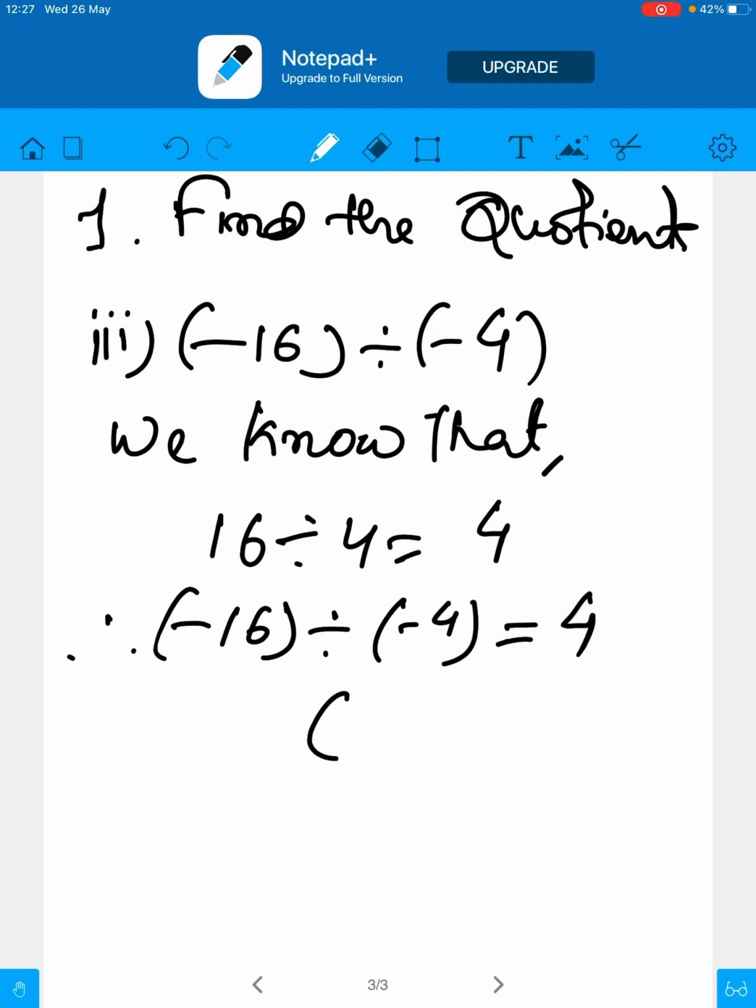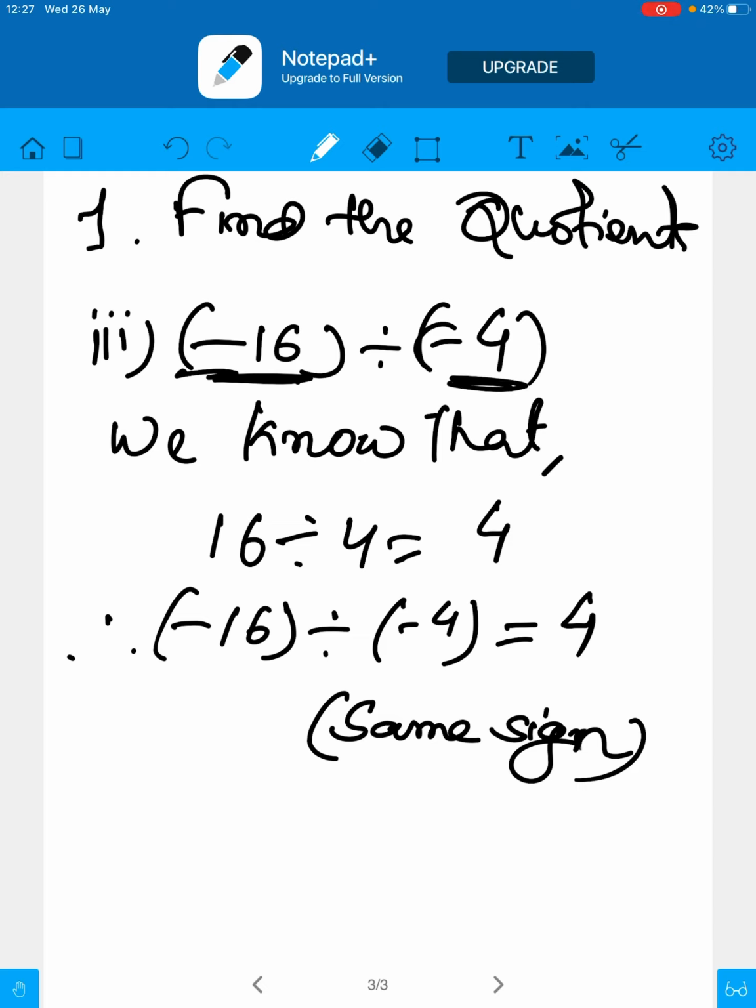Why? The reason here is the same sign. The dividend and the divisor are of the same sign, minus sign. That is why minus 16 divided by minus 4 is equal to 4, because they have the same sign. Like this you should do it.